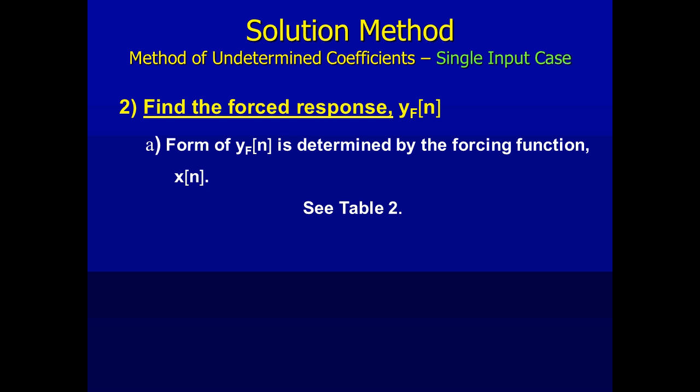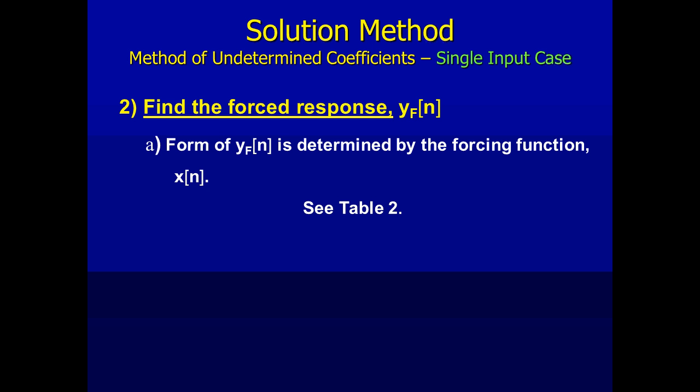All right. The form of the forced response is determined by the forcing function, x sub n. What's our forcing function? Unit step. Which is just a constant for n greater than or equal to 0, right?